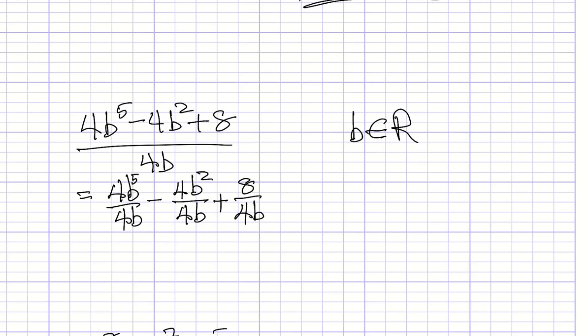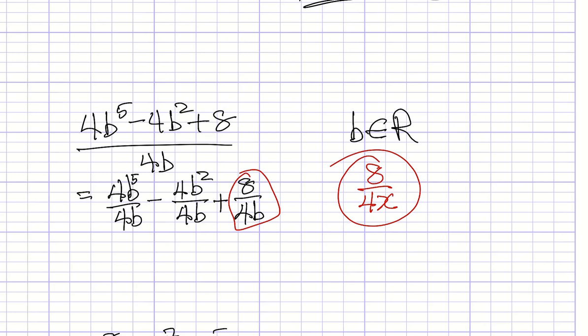Because of this, it tells you b has to be a real number. b cannot be a variable, right? Because if b is a variable, let's say you're dividing x with 4x, then that's not a polynomial anymore.